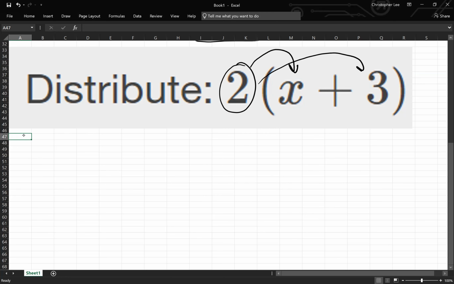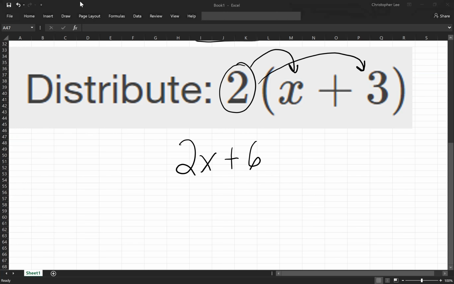So what does this become? 2x plus 6. Is this clear? Does this make sense to everybody? We're just distributing, trying to bring it back to a previous idea that we've learned in the past: distribution.